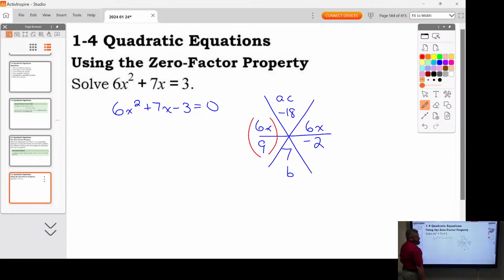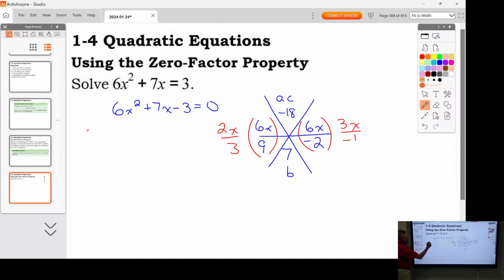The 6x and 9 become 2x and 3, because 3 goes into 6 twice, 3 goes into 9 3 times. 6x and negative 2 becomes 3x and negative 1, because they both reduce by 2. 2 goes into 6 3 times, 2 goes into negative 2, negative 1 time.